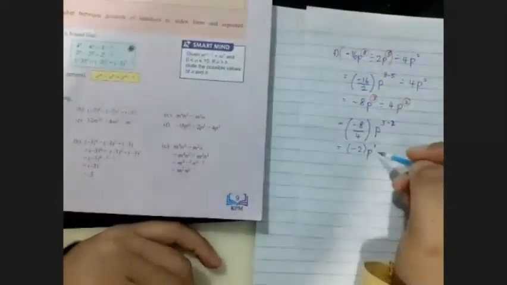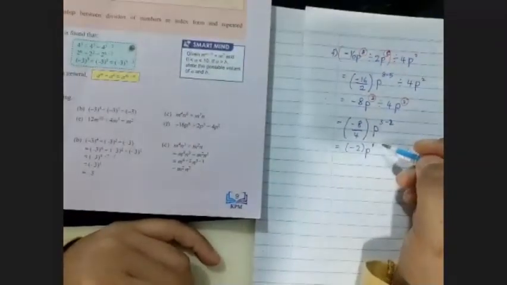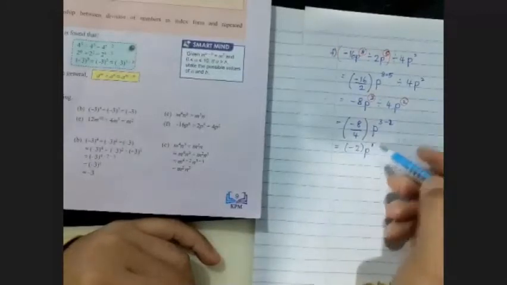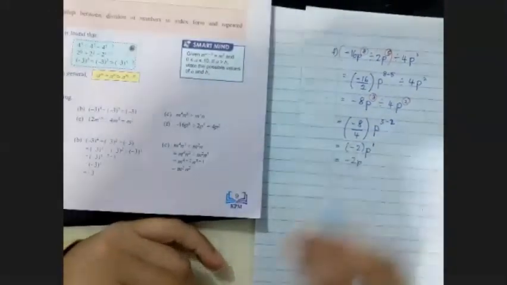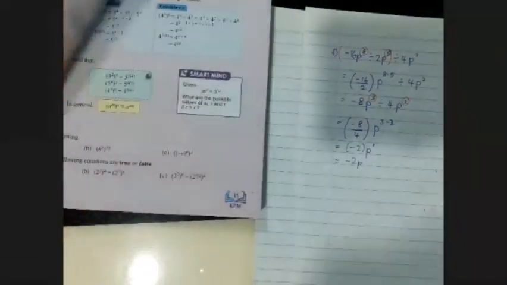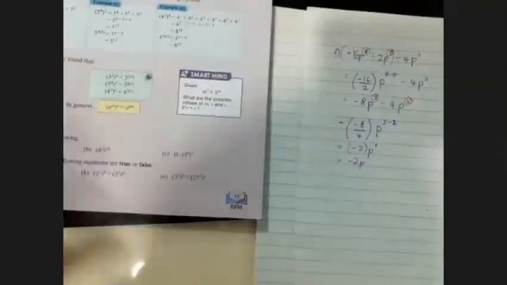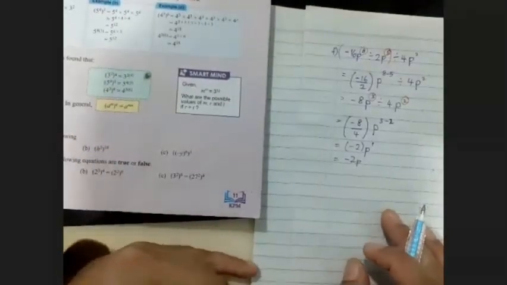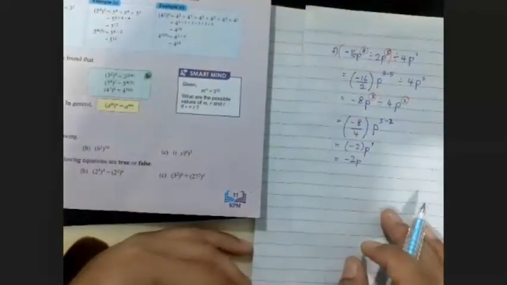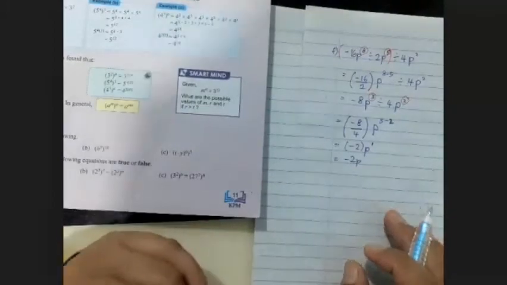Is this the final answer? No. You cannot write 1 here. So you write negative 2p. Okay, next.